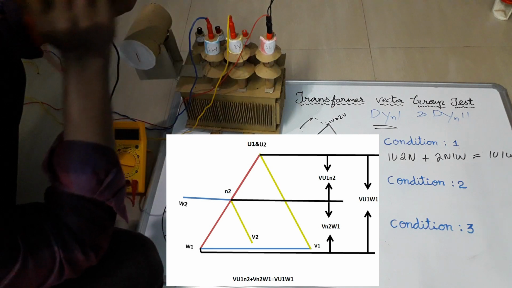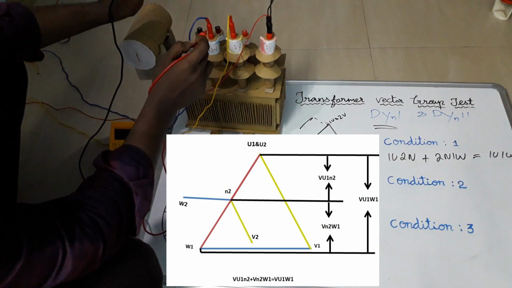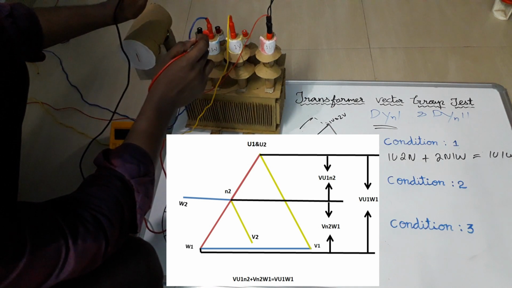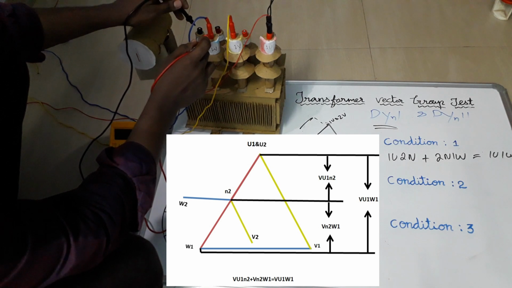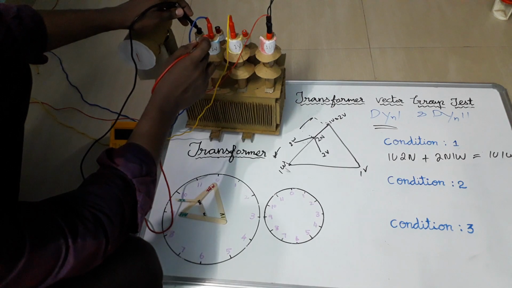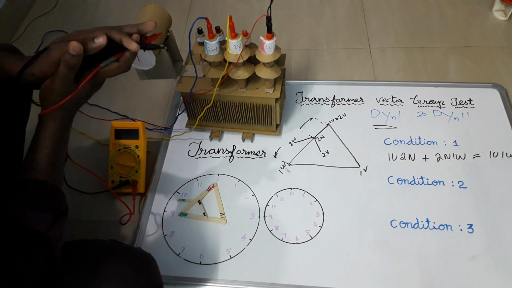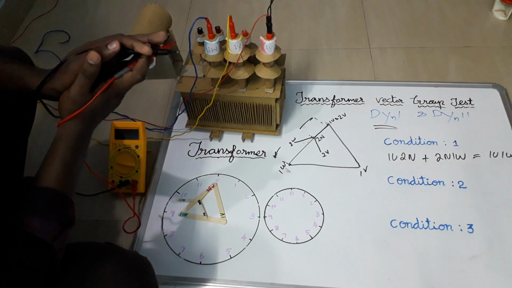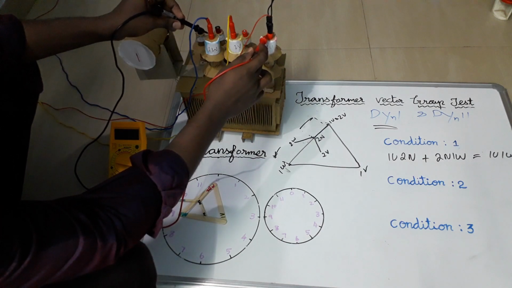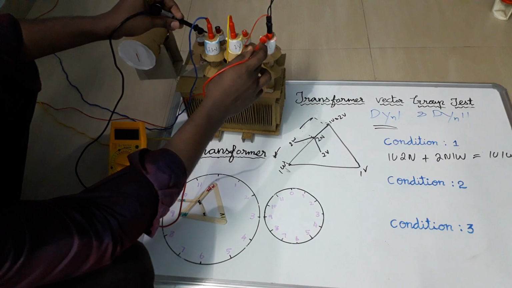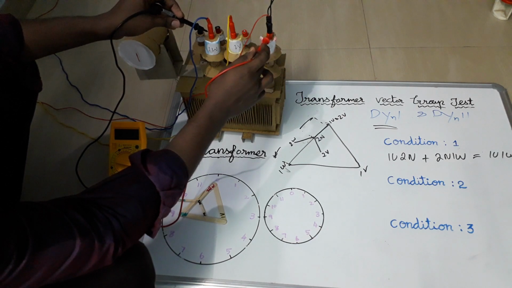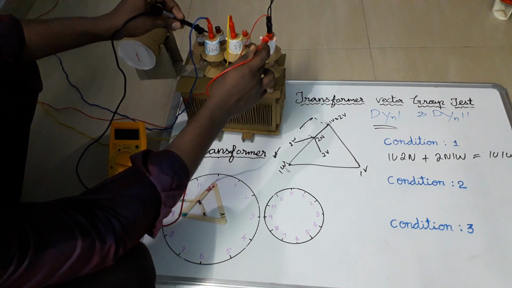Second, we have to measure voltage from HV side B phase and LV side neutral, that is 1W, 2N. When you combine these two voltages, it should be equal to 1U, 1W. This voltage should be equal to what you measure between R phase and B phase, phase to phase.